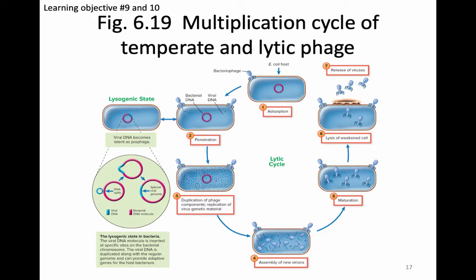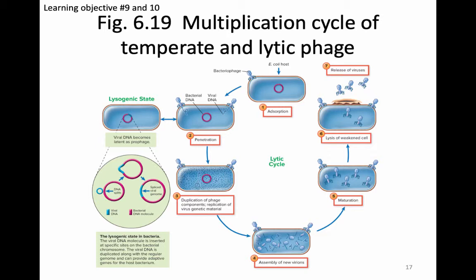They are assembled into small pieces, and then in maturation, those small pieces are assembled into whole viruses. In step 6, the host cell is lysed and the bacteriophage viruses are released in step 7 to go infect other bacteria cells. So the lytic phage follow steps 1 through 7.